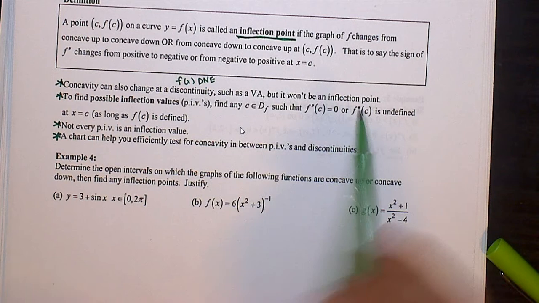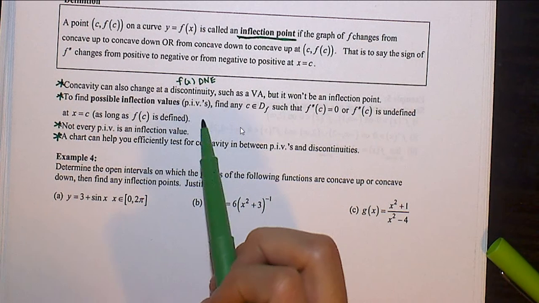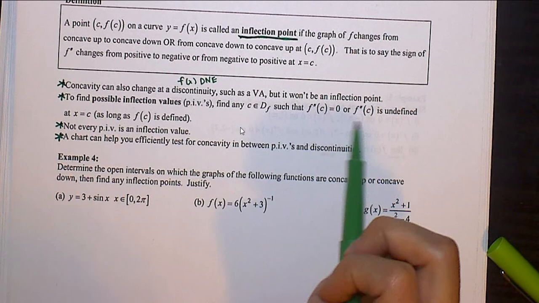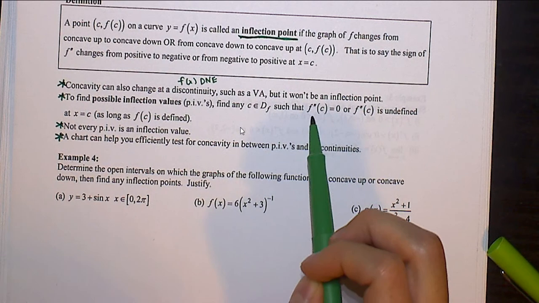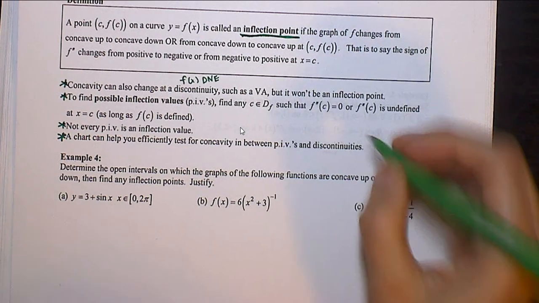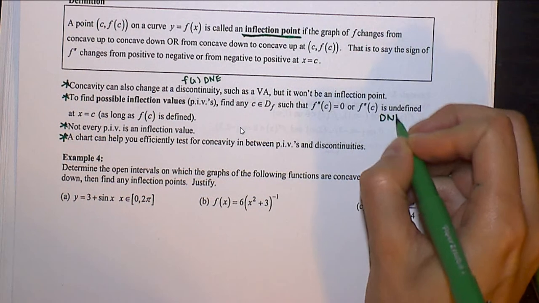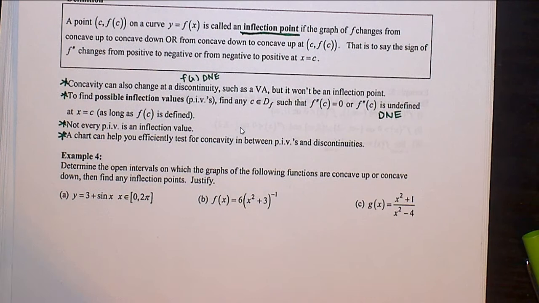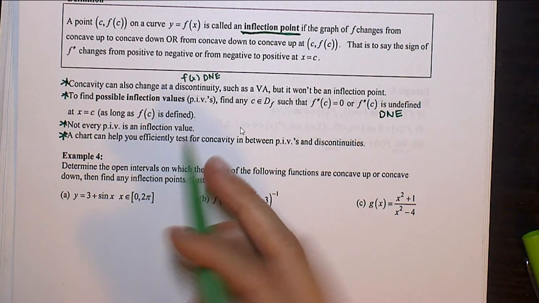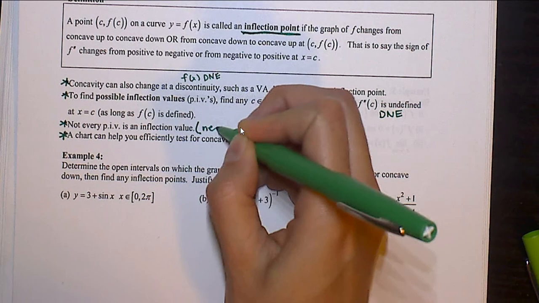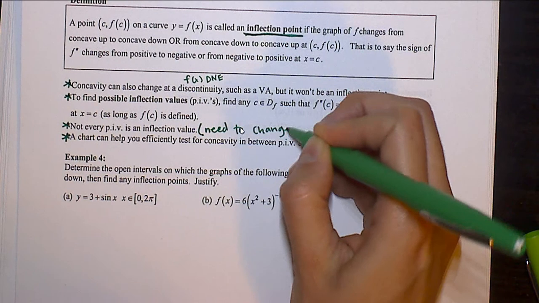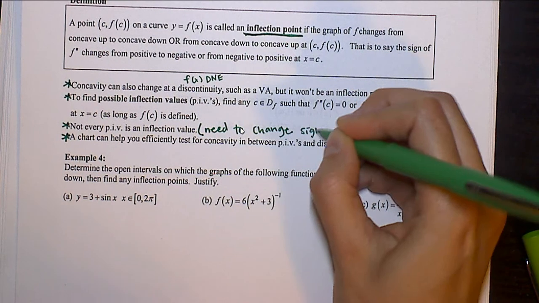To find the possible inflection points, you look to see where f double prime equals 0 or f double prime is undefined, does not exist. Not every possible inflection value is an inflection value. Remember, you need to change signs of f double prime.